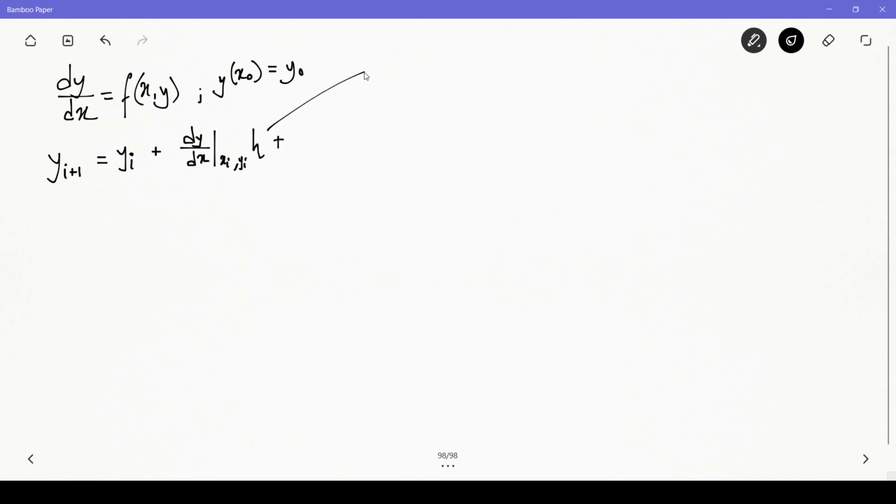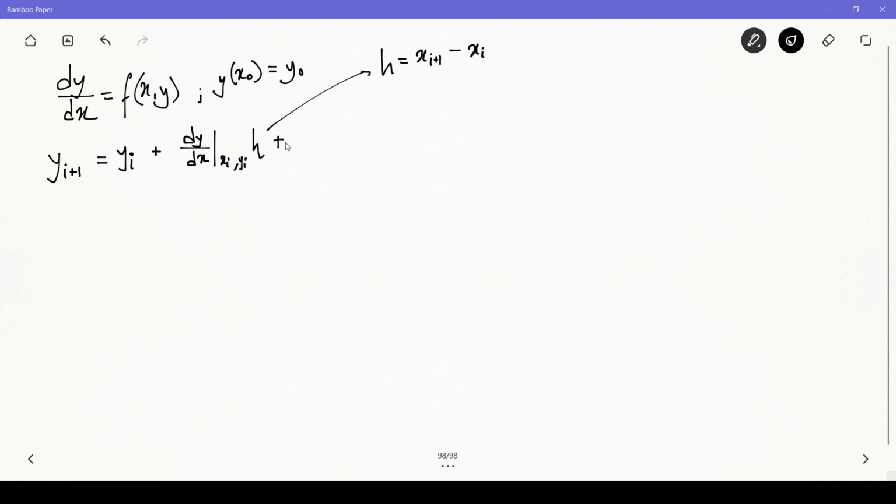By h we mean the value of the abscissa at the (i+1)th step minus the value of the abscissa, or x value, at the ith step. This is basically our step size, the magnitude by which we are progressing from the left to the right.